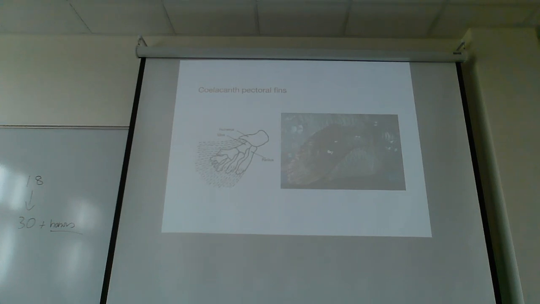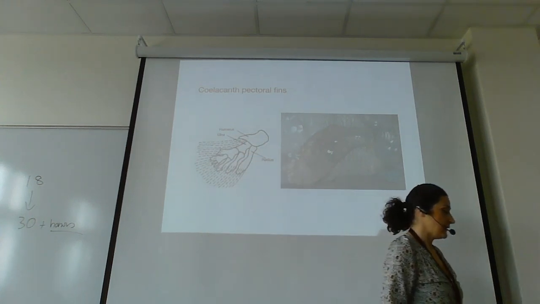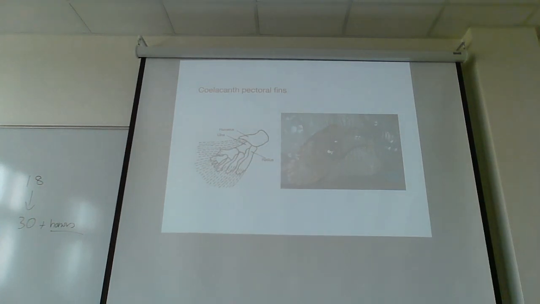This is a very typical lobe fin fish. It still has all those bones that are also common to our fin. And we have found many fossils of this fish from something like 500 million years ago. And we thought it was extinct because nobody had ever found a living fish until, I want to say, around 1950, I can't remember when.